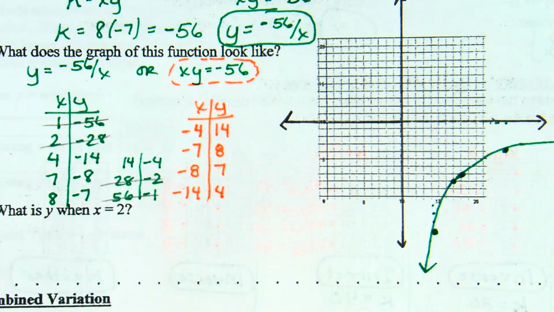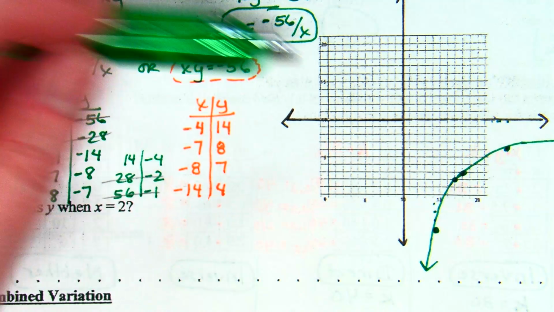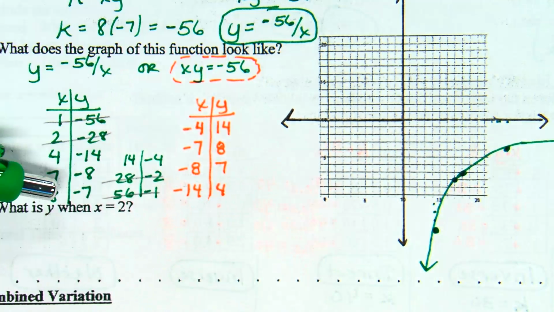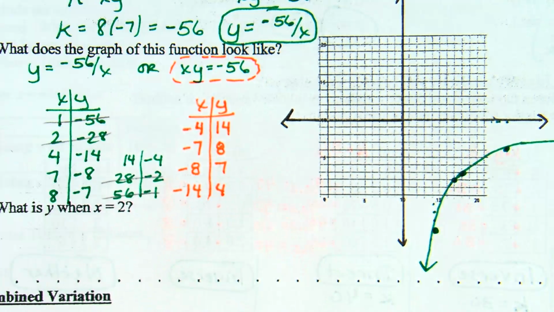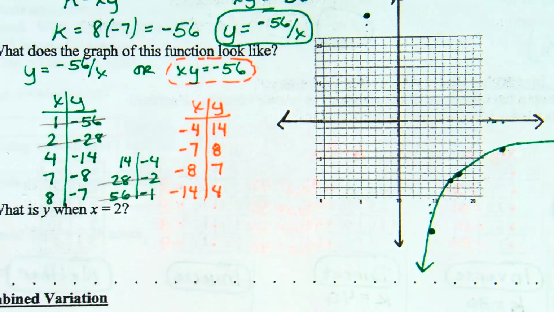So, negative 4, 14 means I'm going to go left 4 and up 14, which I think my top line is 11 on this one. I don't know. Thereabouts. Go left 4 and a few up. Negative 7, 8. So I left 7 up 8.